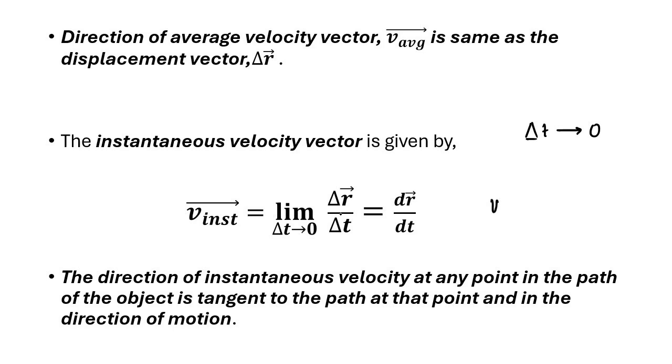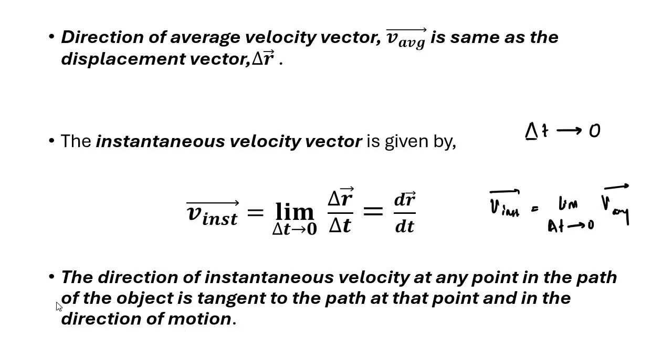So v instantaneous is equal to the limit delta t tends to 0 of delta r vector by delta t, which is equal to dr vector by dt.